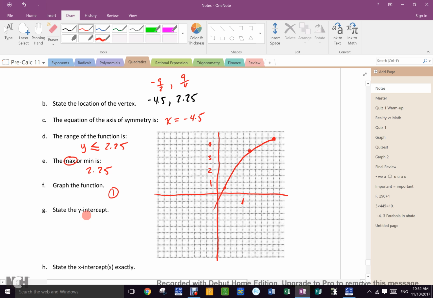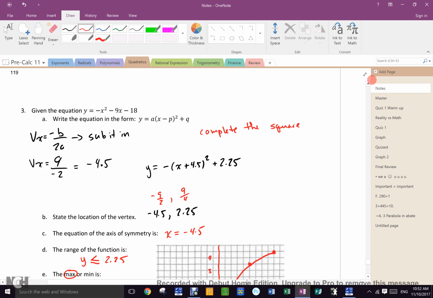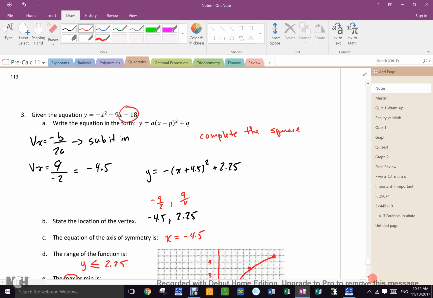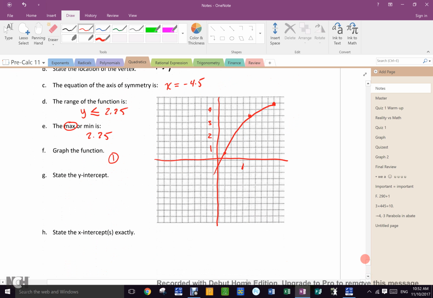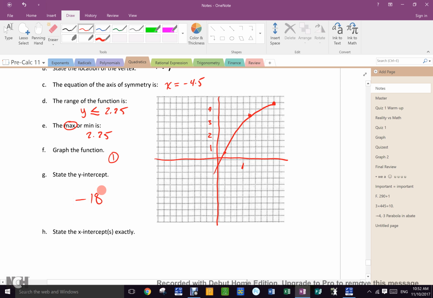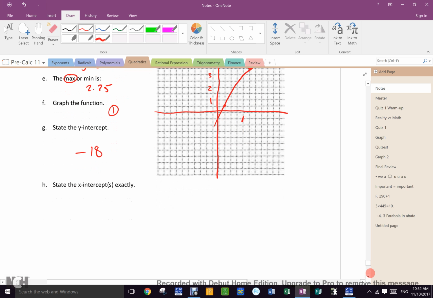State the y-intercept. What is the y-intercept? You don't even need to do any work because it's right there. Because it's when x equals 0, negative 18. And state the x-intercepts exactly. What would you do to find the x-intercepts exactly? What are your options? It's all written on page 110. It was in standard form. Could you use the quadratic formula?